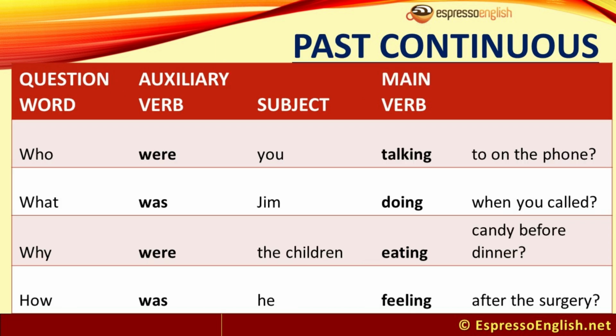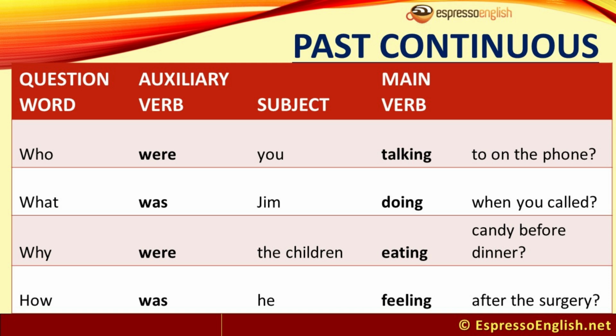It's similar for the past continuous. Let's take a look. Who, that's the question word. Were, that's the auxiliary verb. You, that's the subject. Talking, that's the main verb. To, on the phone. Who were you talking to on the phone? What was Jim doing when you called?